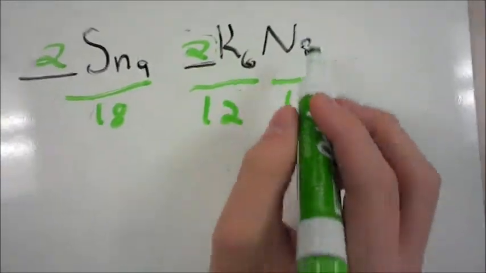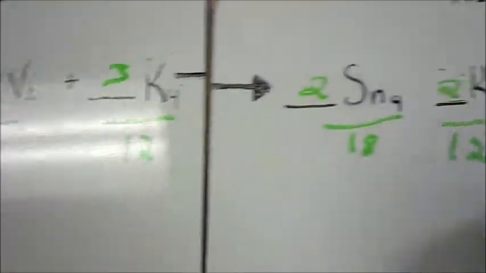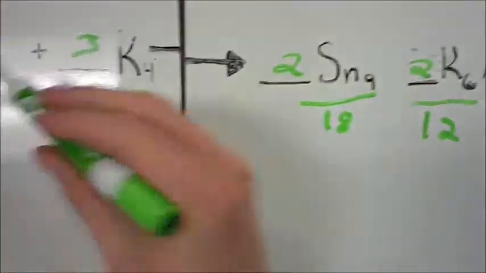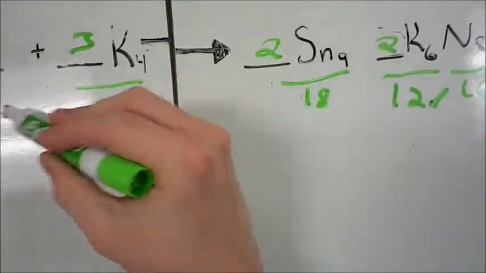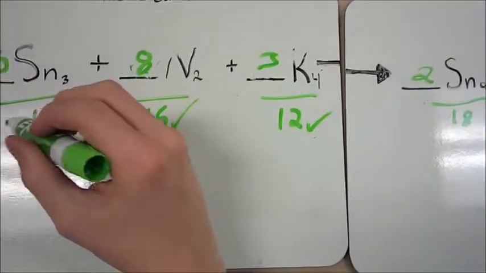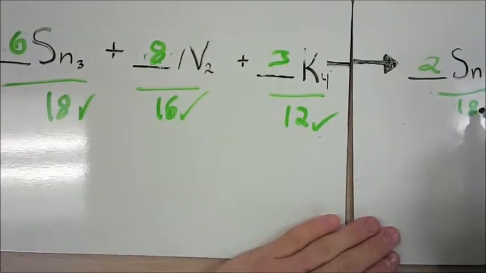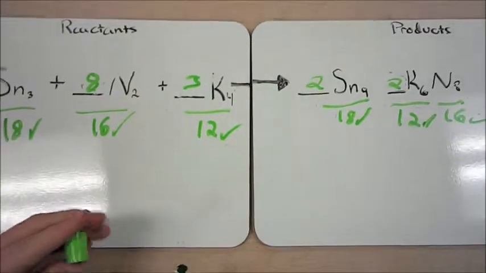And as you can see, the N8 goes with the N2. Both of them are 16. So these two check out. You got 12 Ks, and over here you got 12 Ks. These two check out. And then right here you have 18 SNs and 18 SNs. They both check out. And that's another way how you can balance equations with a decimal.